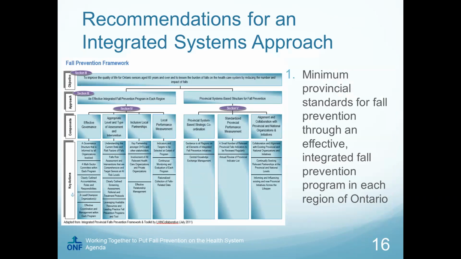So the recommendations for an integrated systems approach include a minimum provincial standard for fall prevention through an effective integrated fall prevention program in each region of Ontario. Having relevant fall prevention standards across the province should allow for local needs to be reflected in the delivery and evaluation of regional initiatives.